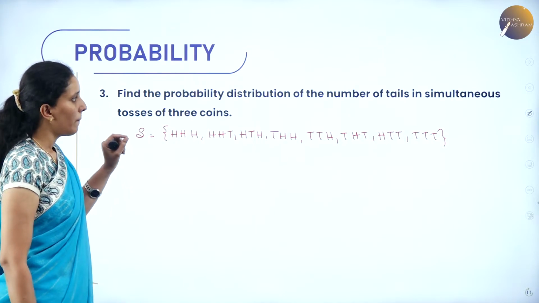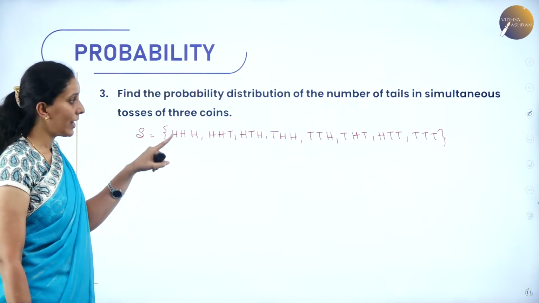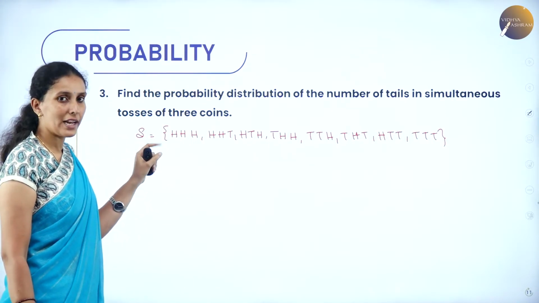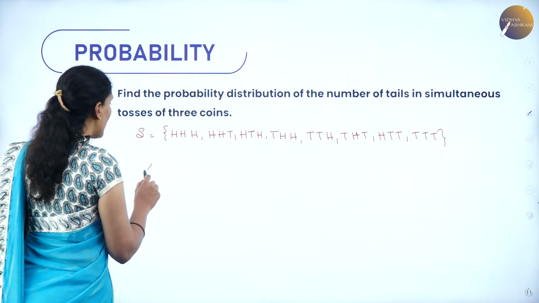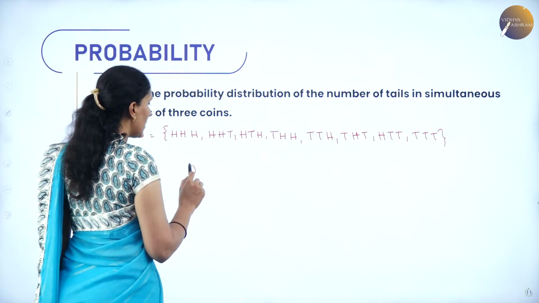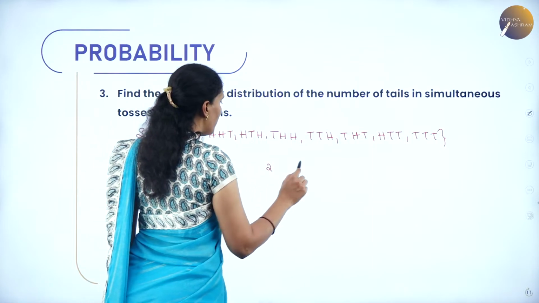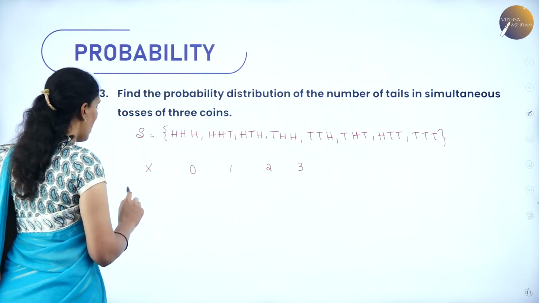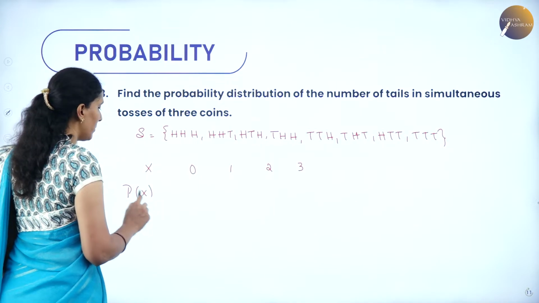Now what is the maximum number of tails we can get? 3. Minimum number of tails? 0. So the random variable takes values 0, 1, 2, 3. Now here is our probability distribution.